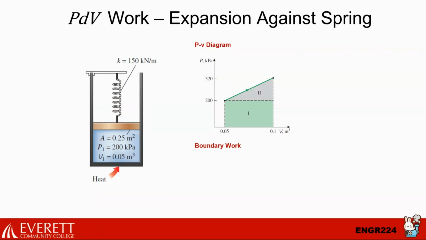Okay. So if you have something that has boundary work, and also at that boundary, so not only do you have this boundary here and potentially some work that's happening, but then you also have a spring in that particular system. So there's no special name for this other than expansion against a spring, or could be contraction against a spring too, especially if the heat were going the opposite direction.